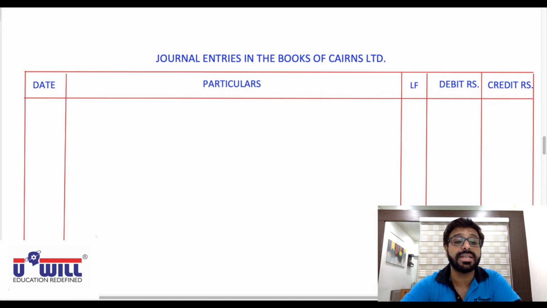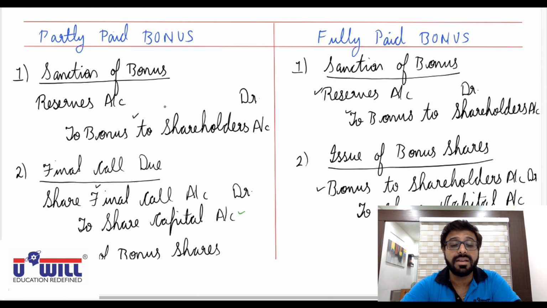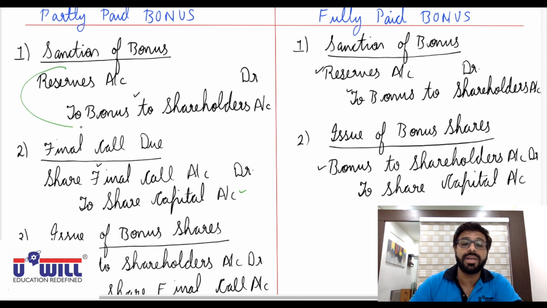Because what we will be doing is first entry we will combine. You all can see first entry of partly paid bonus is also reserves to bonus to shareholders. Fully paid bonus is also reserves to bonus to shareholders. So this first entry of partly paid and fully paid bonus is same, that we will combine.